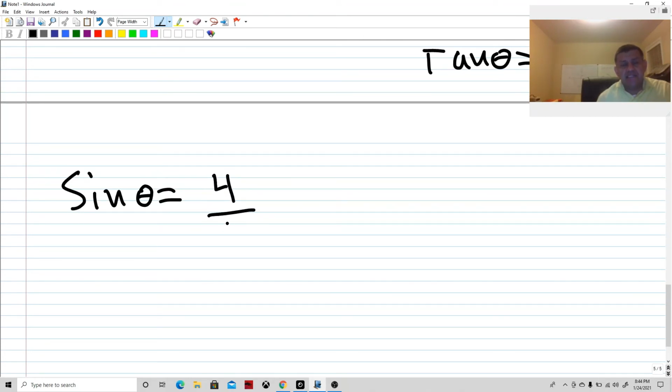And the hypotenuse, because it's sine, we use 5, right? And when you plot that in the calculator, it's equal to, it's kind of small, so it's 0.13. Let me see what mode I am at.